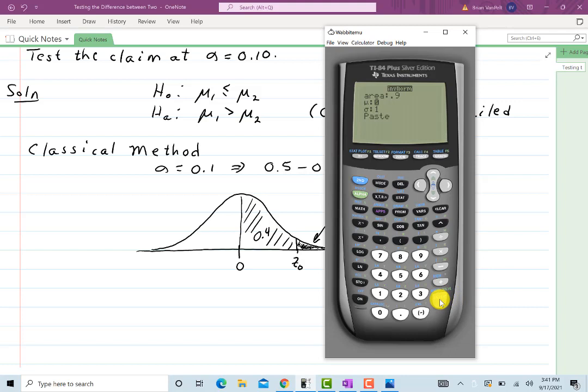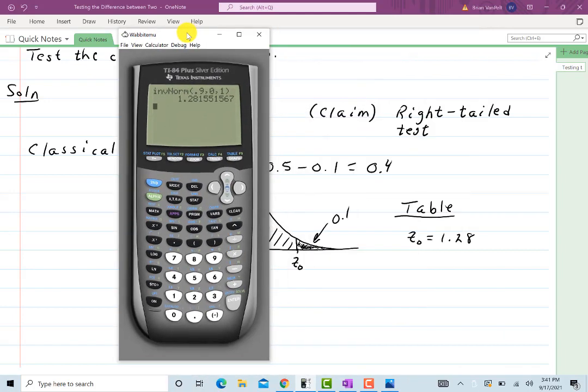It shows you the way that you are supposed to type it in. And you see it's close to the value that we got. If we go back to what the table gave us, the table simply rounds it to 2 decimal places, whereas your calculator is able to give you more decimals because it has a much more advanced table in it.